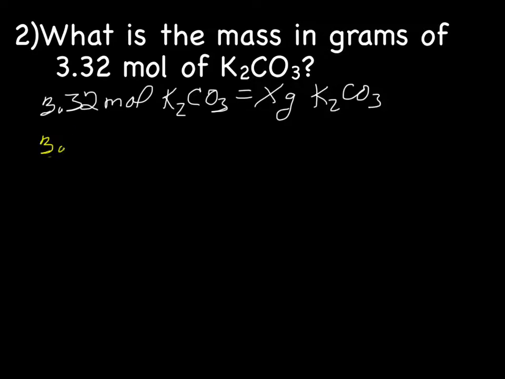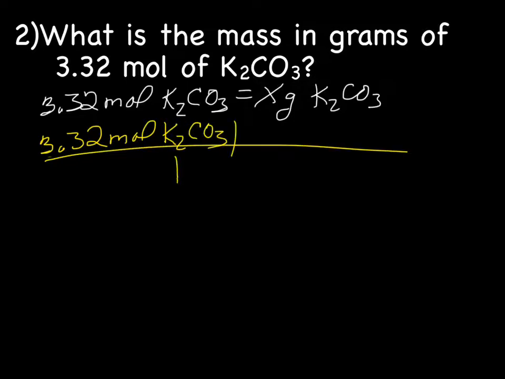So we have 3.32 mole K2CO3 over 1. And for our equality, we again have mole and grams. So we're going to use the 1 mole equals molar mass in grams of K2CO3. So we need to add up the masses of 2 Ks, a C, and 3 O's.